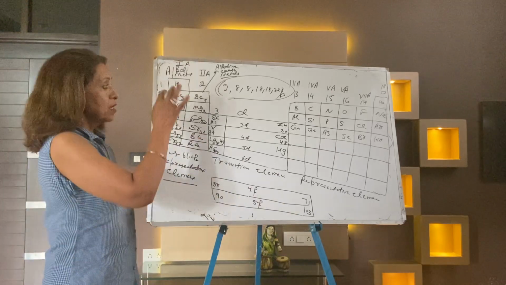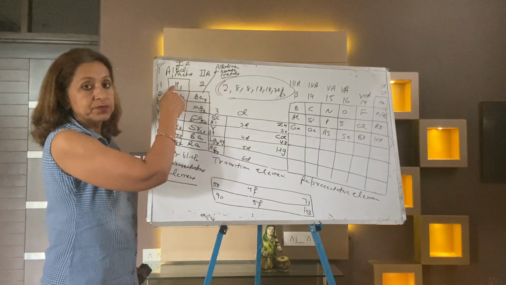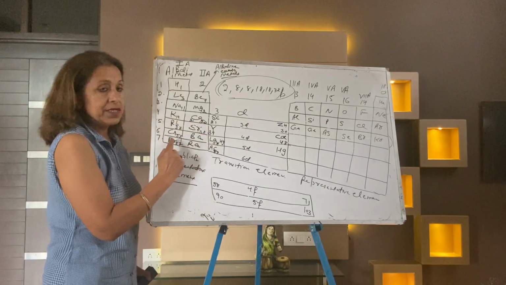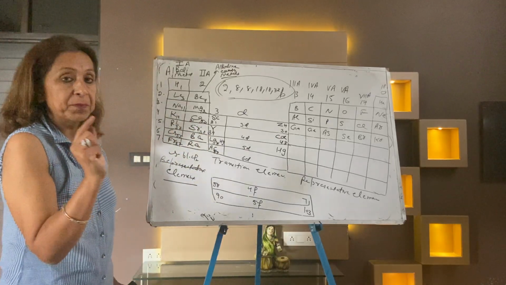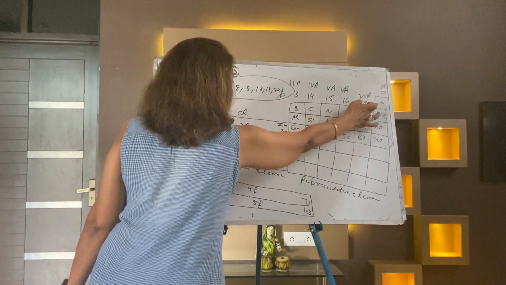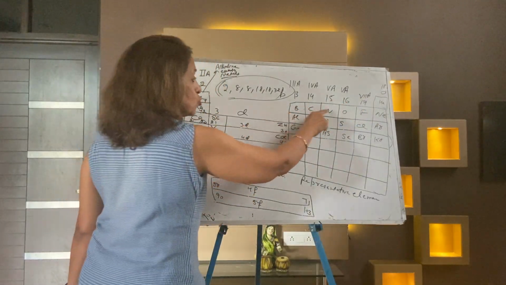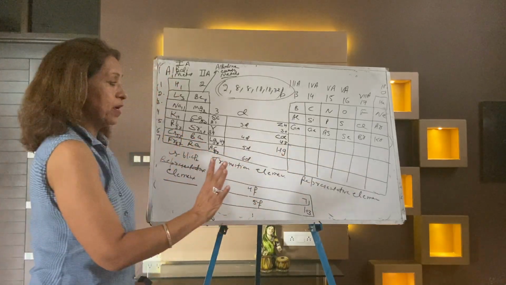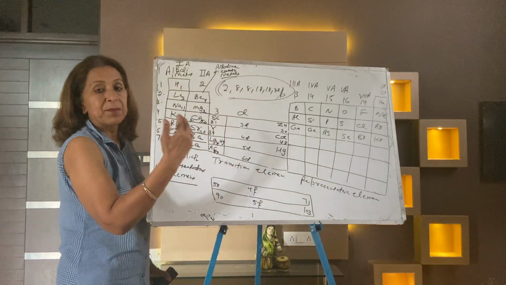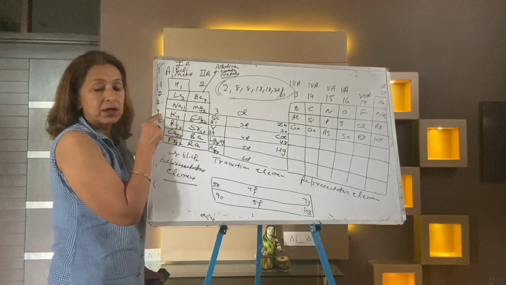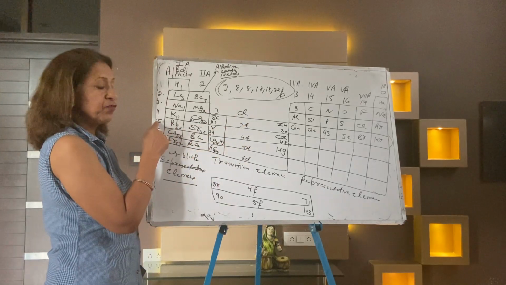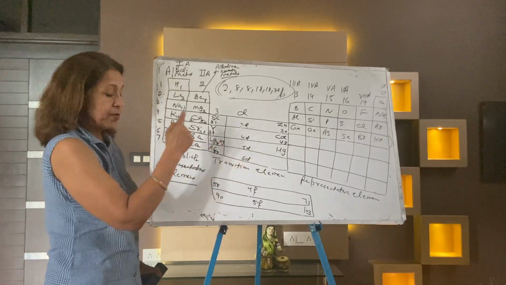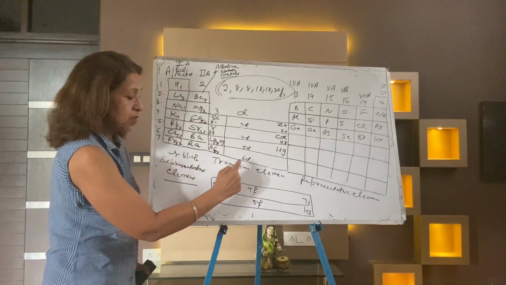So again listen, it is your 1s, 2s, 3s, 4s, 5s, 6s and 7s, but there is no 1p. It is again 1s, a drawback of the periodic table. It is 2p, 3p, 4p, 5p, 6p and 7p. But the D block lies one behind. It is your 4th period, it's a 3D series. 5th period, 4D series. 6th period, 5D series. 7th period, 6D series.